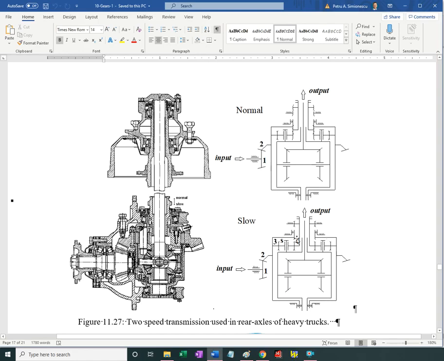For slow motion, moving on a slope or up an incline or heavily loaded, this sleeve is moved inwards until the teeth here engage teeth on the housing of the differential, and it shows this configuration.